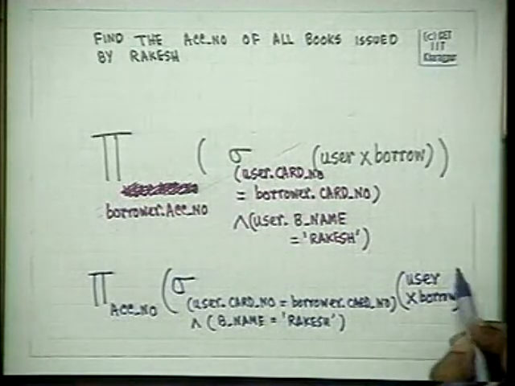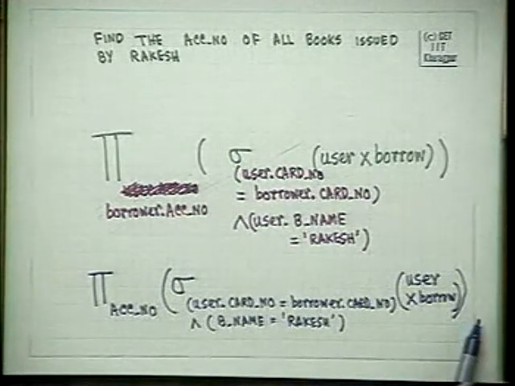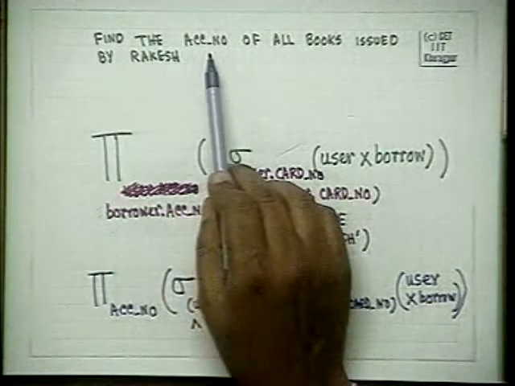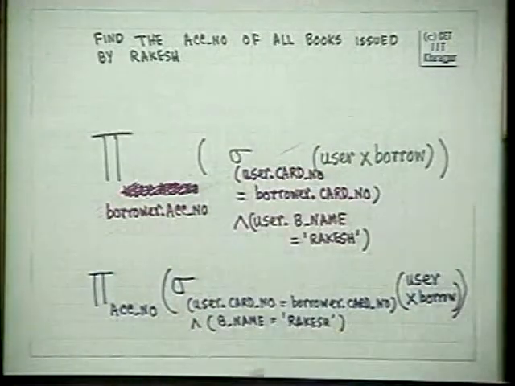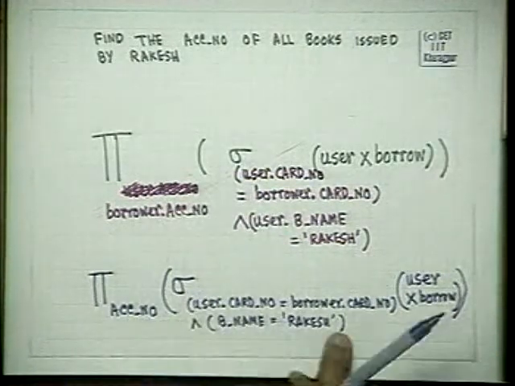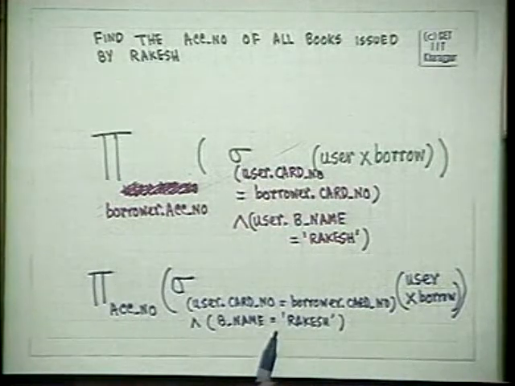So using this relational algebra query, we have been able to extract out all accession numbers of all books issued by Rakesh. Now let us understand one thing. If I start interchanging this select and project, I may not get my answer.